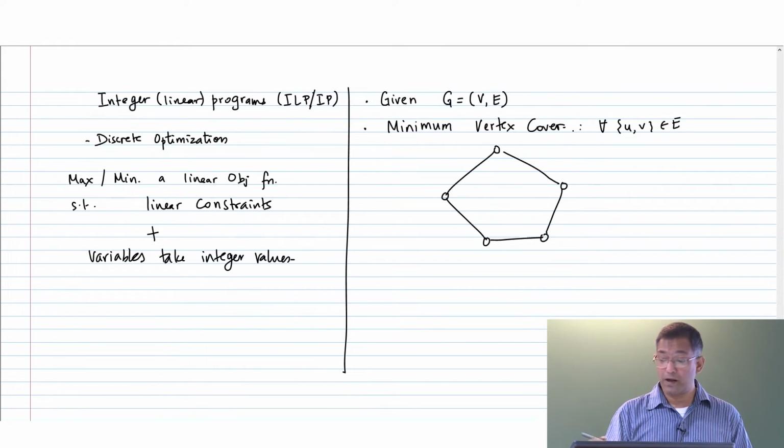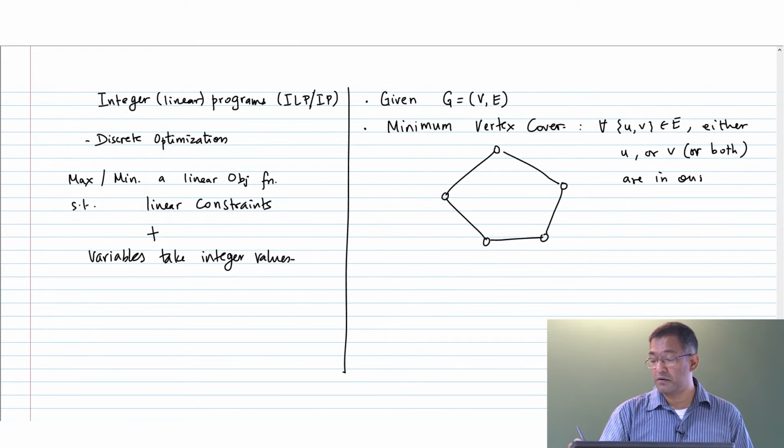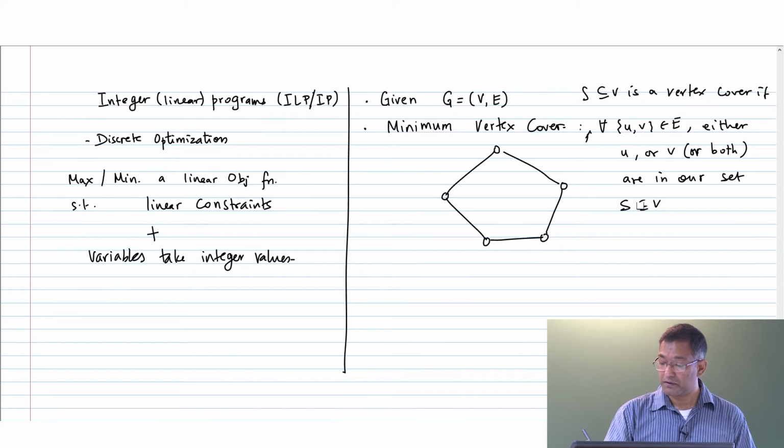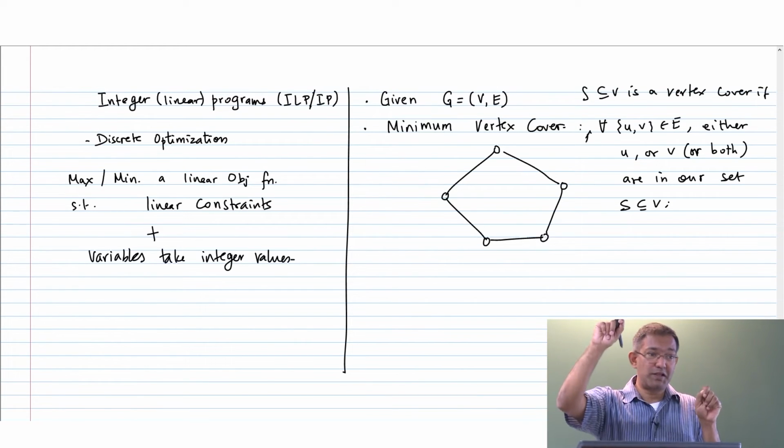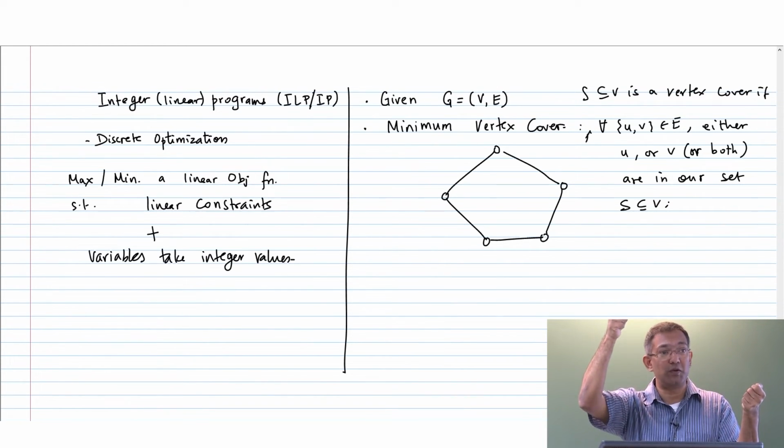For every edge in the graph, either u or v or both are in our set S, a subset of V. Okay. So, we want to pick a subset of vertices, so that if you look at any edge, one of its endpoints is in the solution.